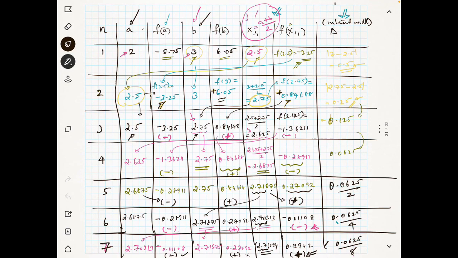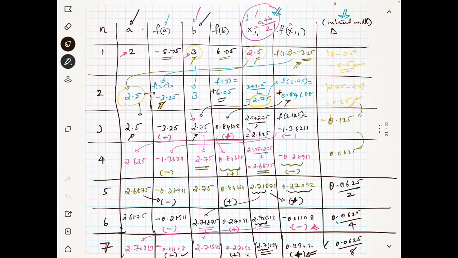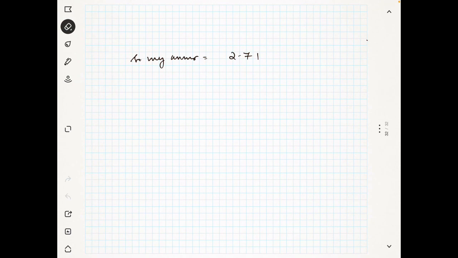So my answer is 2.71, okay, or 2.7. You can see I am getting 2.7 throughout, here, here and here. Okay, 1 decimal place is okay. So for 1 decimal place my answer is 2.7.